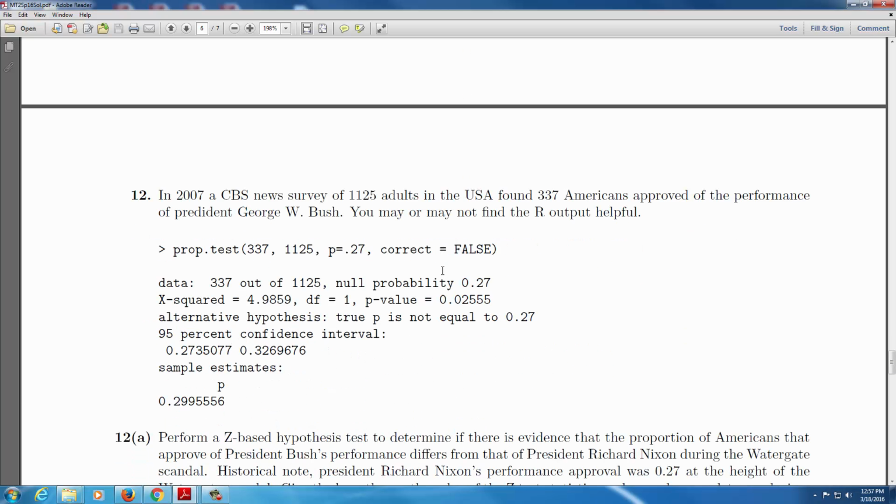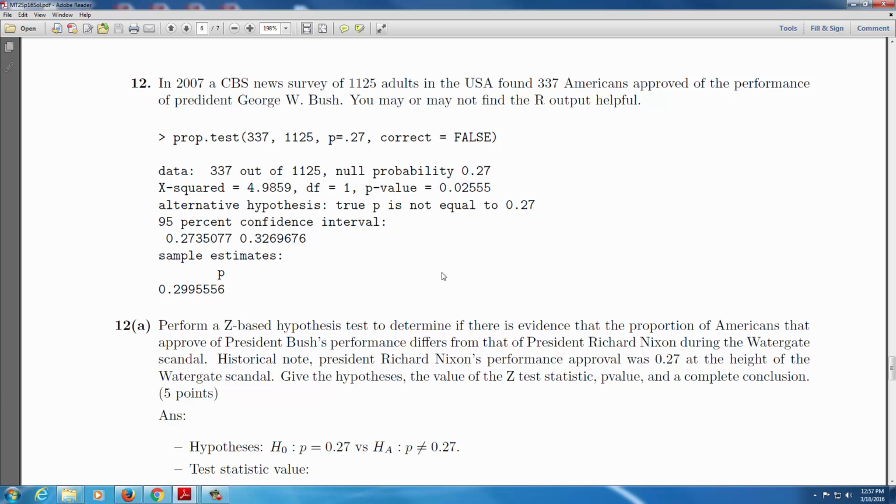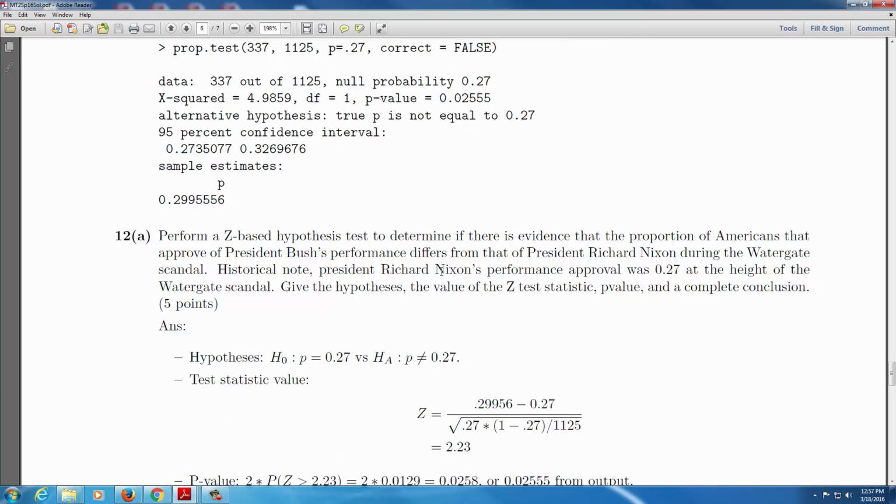On problem 12, we ask about a survey back in 2007 about approval for President Bush, and in 12A it says perform a z-based hypothesis test to determine if there's evidence that the proportion that approve of the president's performance differs from that of Richard Nixon during Watergate, and that approval was 0.27 at that time.